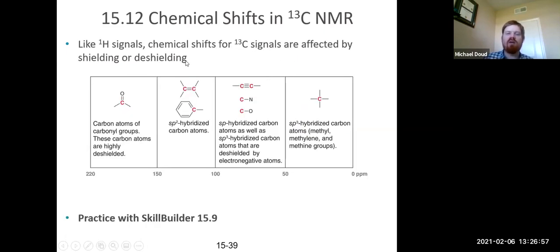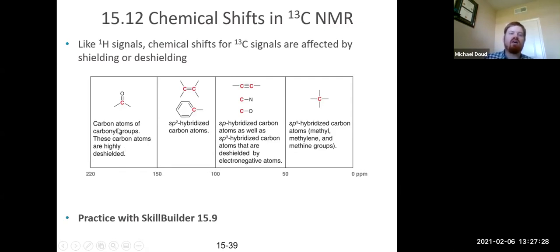Now, finishing it up here, that's how you know the symmetry of the molecule. The last piece of information that you can get is the chemical environment. Just like with the proton signals, they can be shielded or de-shielded in the exact same way. sp3 carbons are between 0 and 50 parts per million. sp carbons are in the 50 to 100 parts per million range. sp2 carbons, and also the benzene rings, are from 100 to 150.